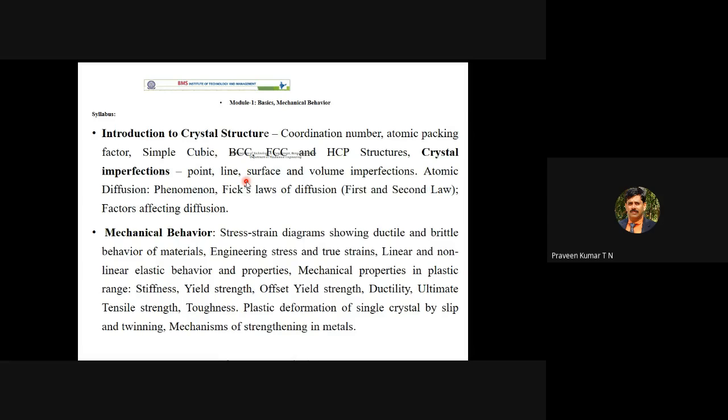Or if you put some gases inside a liquid, that is also a diffusion process. The easiest way to remember, and I repeatedly give this example, is imagine you have one glass of water, a transparent glass. You dip one drop of ink into the water.